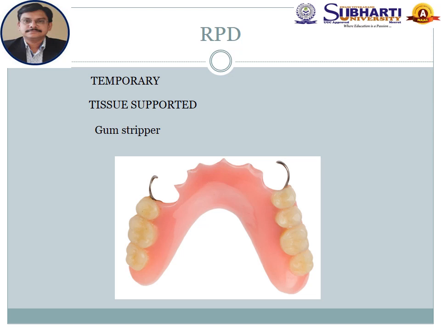That is why this type of design is also called a gum stripper, because it strips the gum off the tooth and makes the tooth naked. So the temporary RPD, acrylic RPD or gum stripper is totally for diagnosis or for limited use. It should not be advocated for prolonged use because of the reasons we just mentioned.